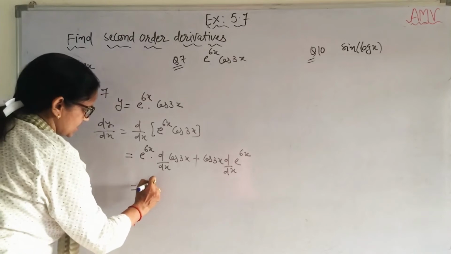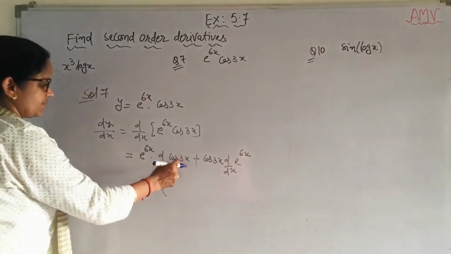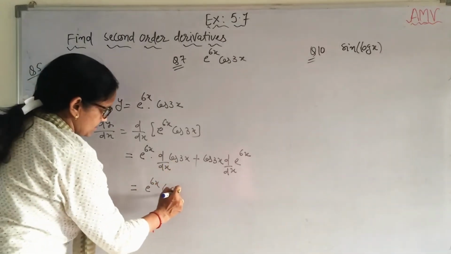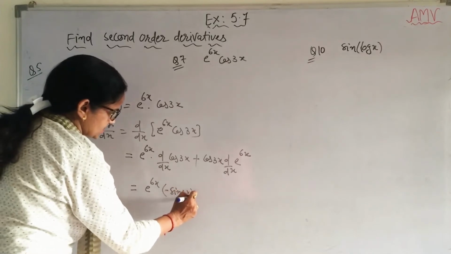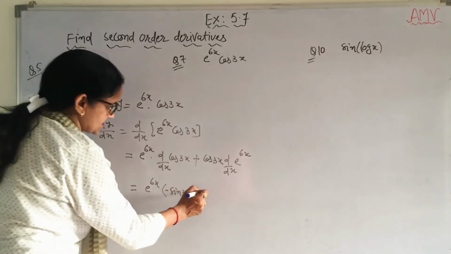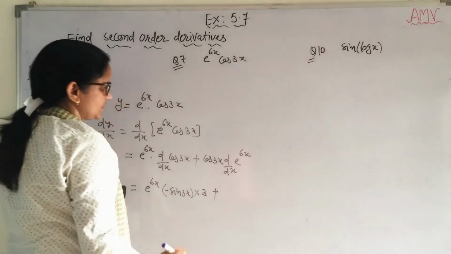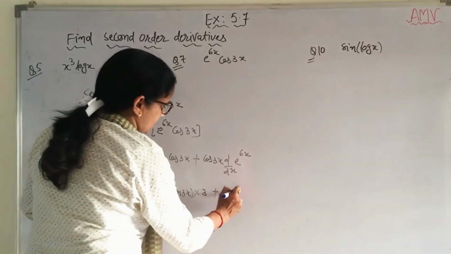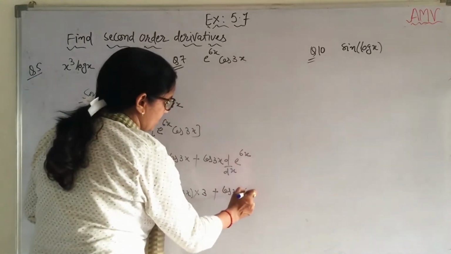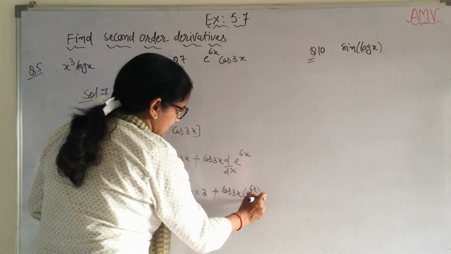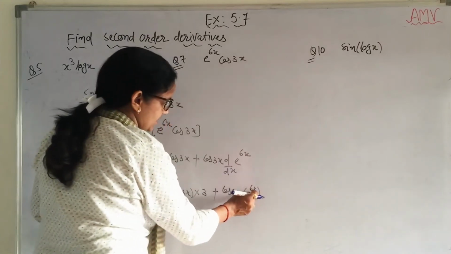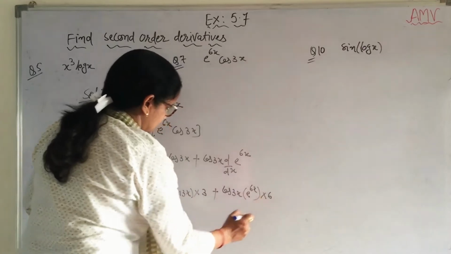It is e raised 6x, derivative of cos 3x minus sin 3x, and now derivative of 3x is 3, plus cos 3x and derivative of e raised 6x, e raised 6x, and derivative of 6x is 6.